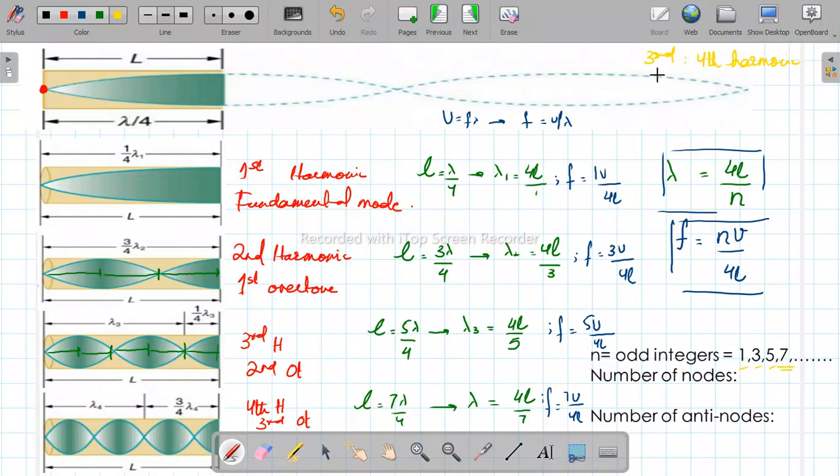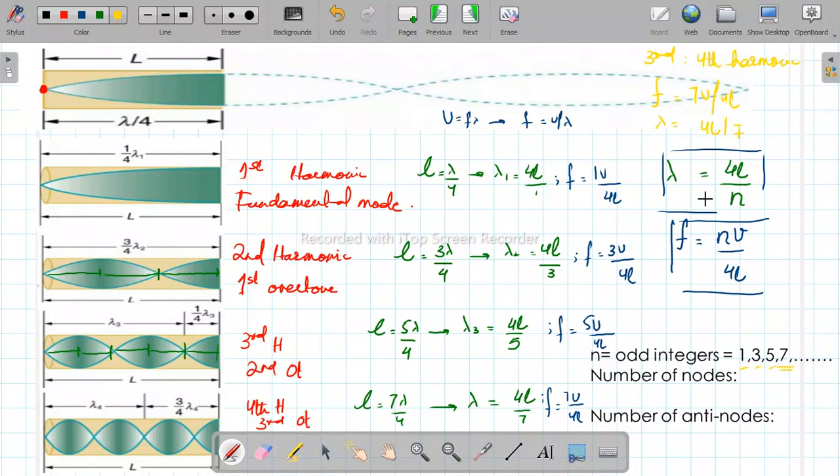So in order to calculate the frequency for the fourth harmonic, we'll write it as 7 times v over 4L, right? And in order to calculate the wavelength for this case, we'll write 4L over this n, which is 7.